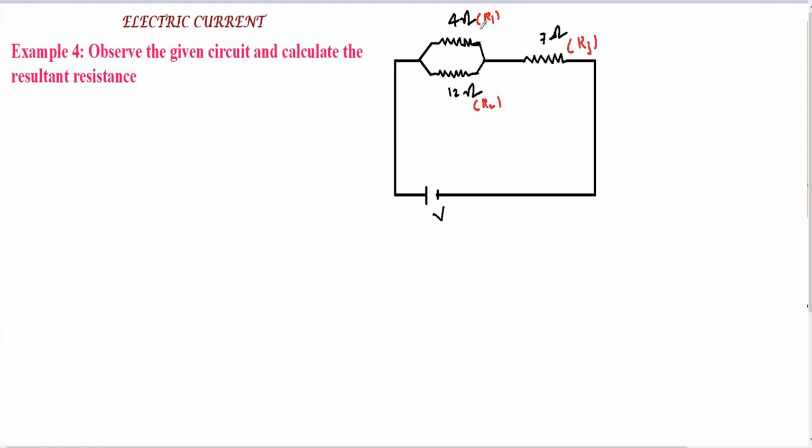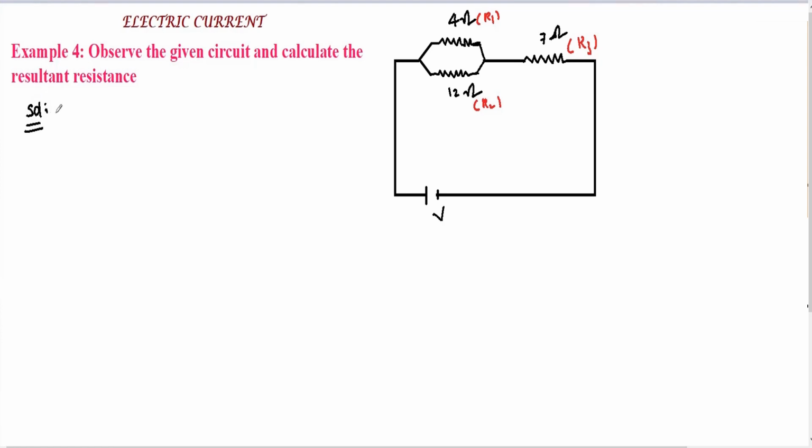After that, this resistor R3 is connected in series. Then we can add this resistance value to the previous resistance and get the total resultant resistance in this circuit. So let's come to the solution.